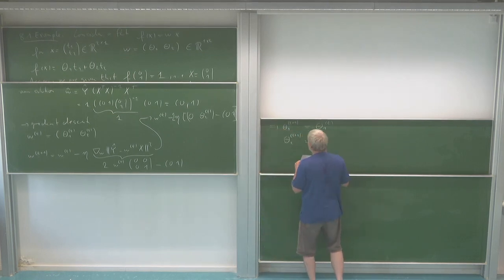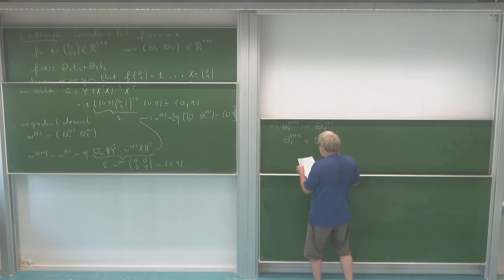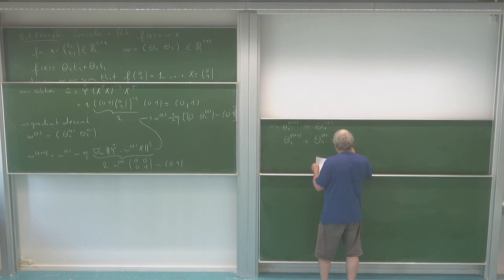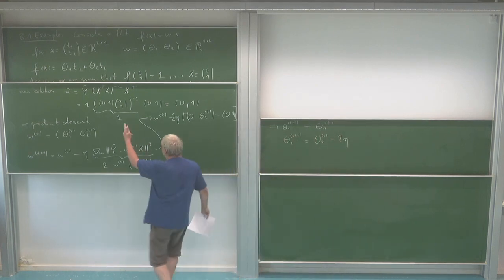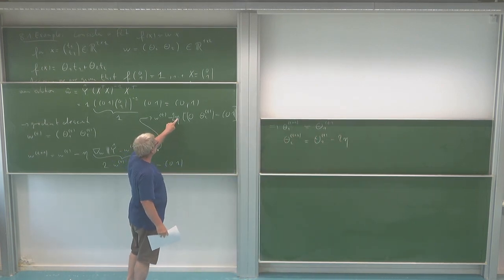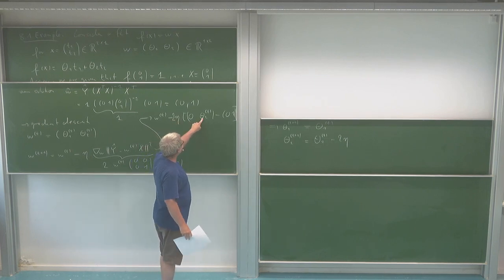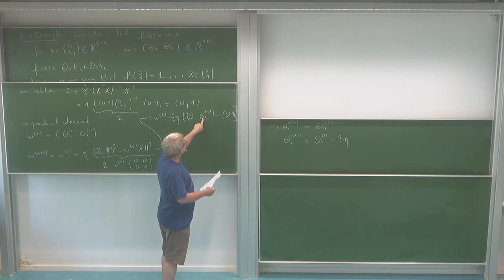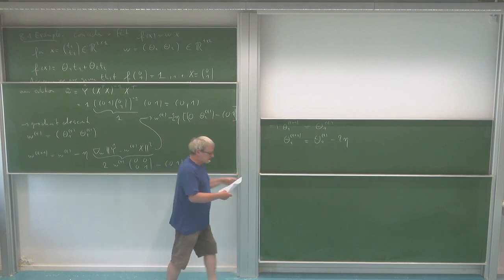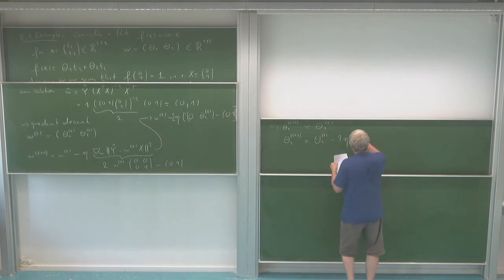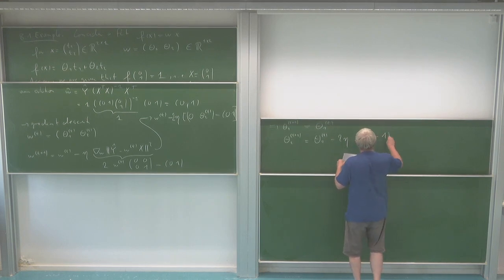So the theta 2 at t plus 1, of course, is the theta 2 at t, and then I'm subtracting 2 times eta. Okay, I'm subtracting eta, and then I have the 2 from here, and then I'm subtracting the theta 2 from here and 1 from here. So I have here the theta 2 at time t minus 1.